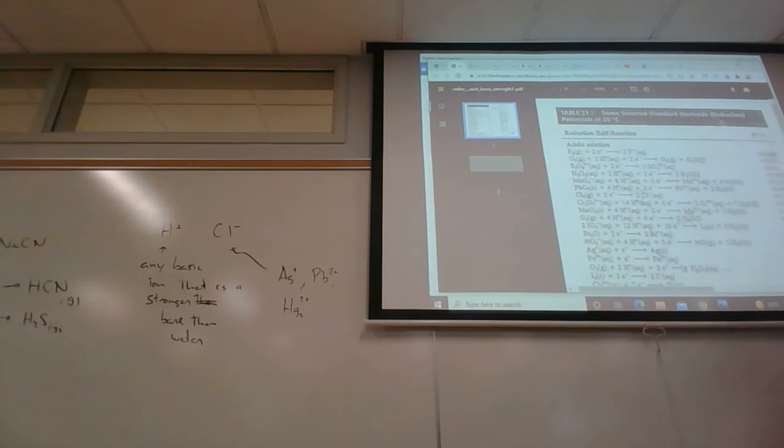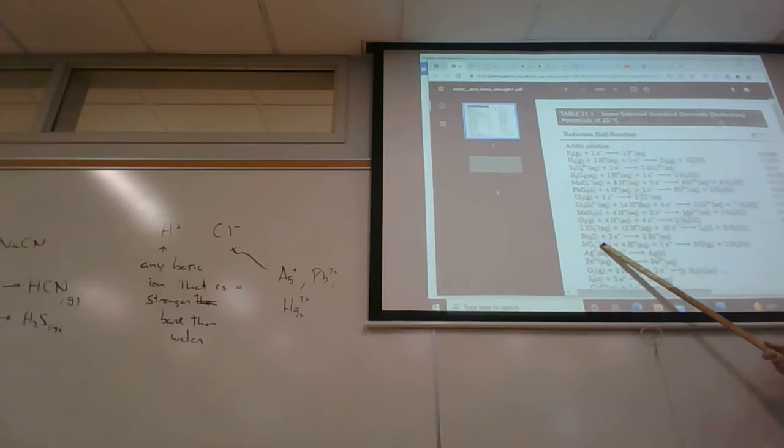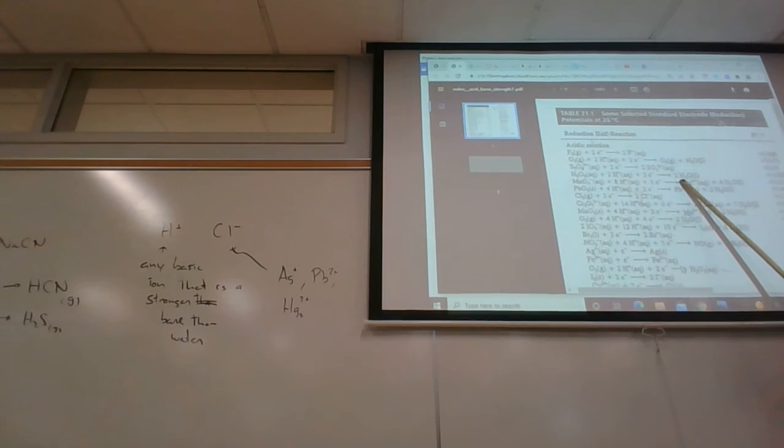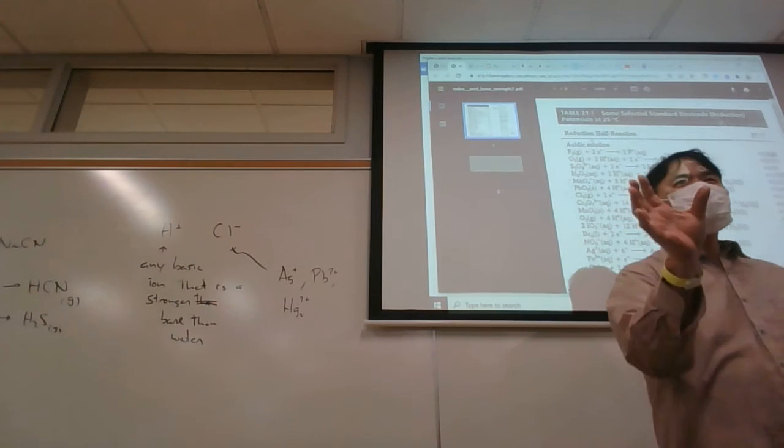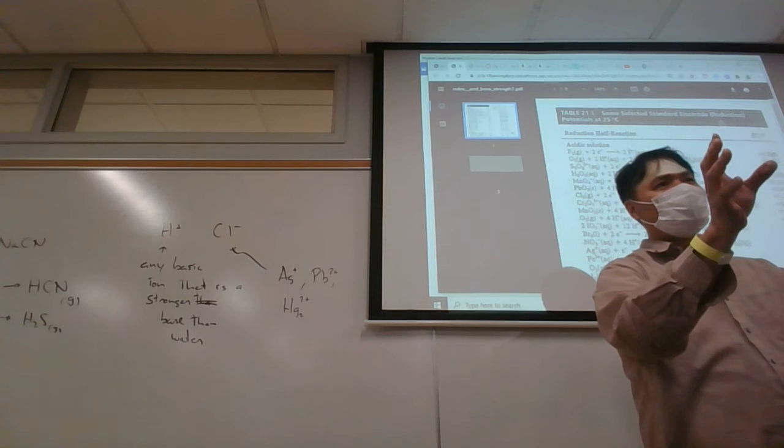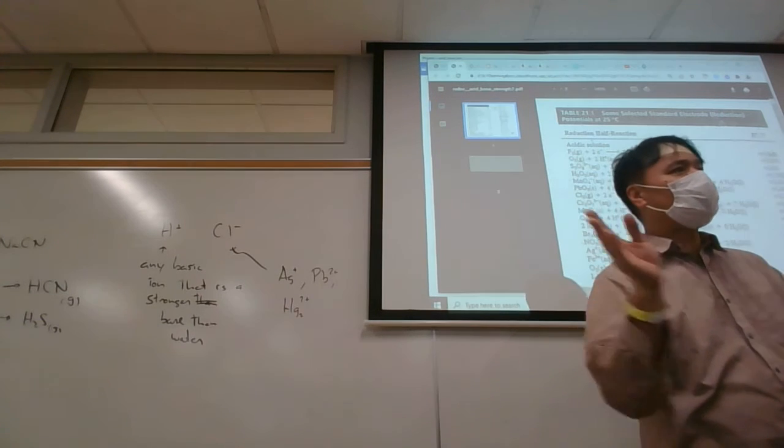You know, the best oxidizer we have is nitric acid. One of the best. Is nitric acid enough to oxidize gold, which sits up here? No, it's not. And so what we can do is some crafty things with this. Nitric acid doesn't have enough to oxidize the gold, but maybe we could help it along.